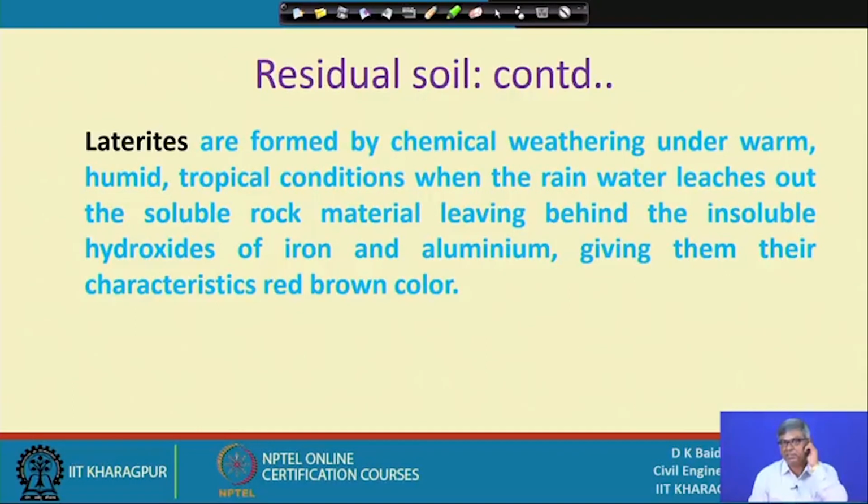So, laterite is a reddish brown color and quite hard, and this type of soil forms by chemical weathering.